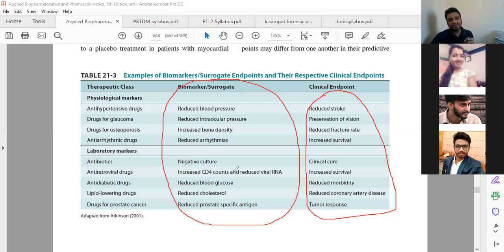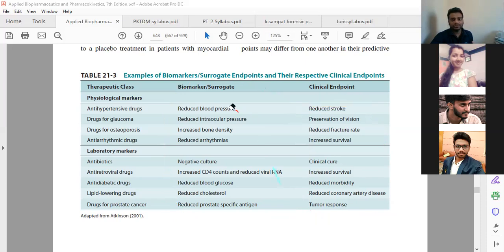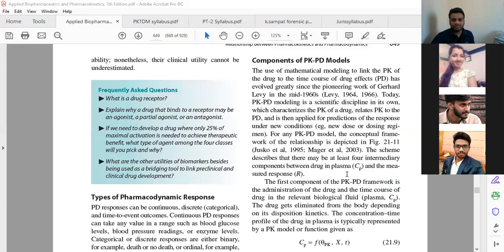But these are biomarker or surrogate endpoints. Based on these biomarker or surrogate endpoints, you are extrapolating and predicting the clinical outcome. So this is the concept of surrogate endpoint and clinical endpoint. I hope this is clear to everyone.